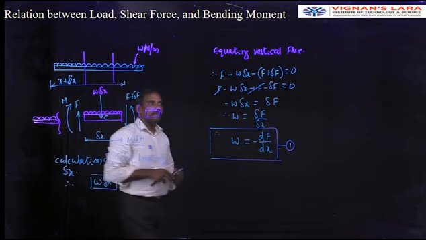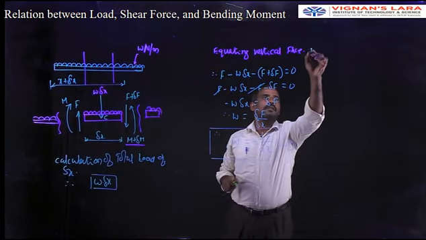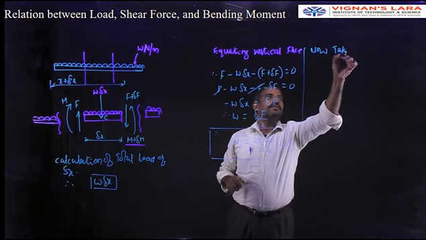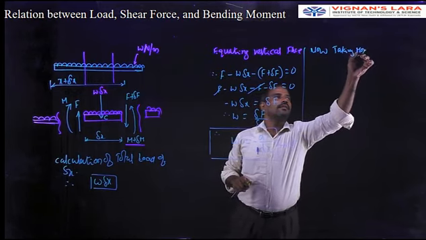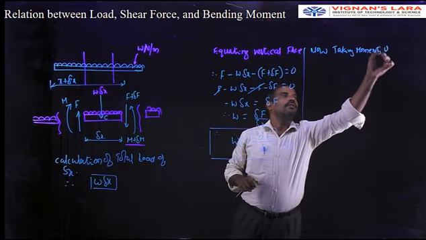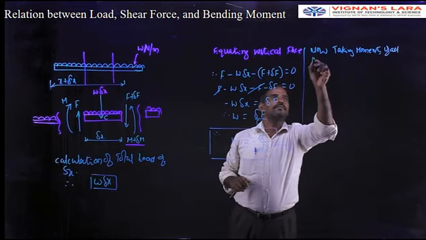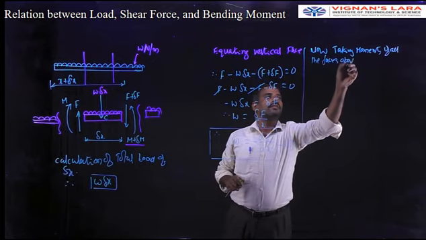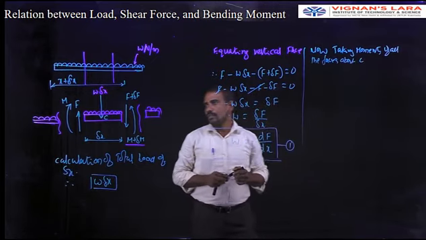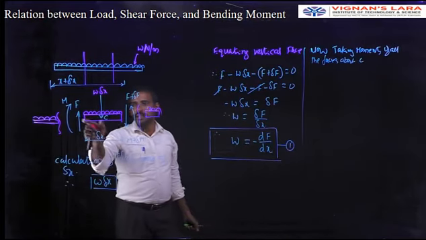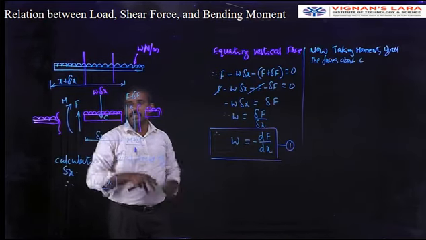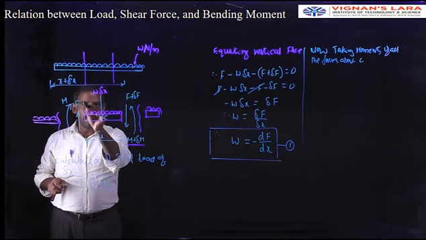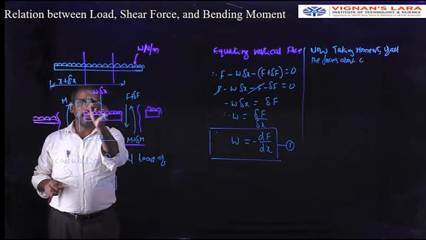Now taking the moments of all the forces about C. What about the moment produced by F? The total length is delta x, so this is delta x by 2.